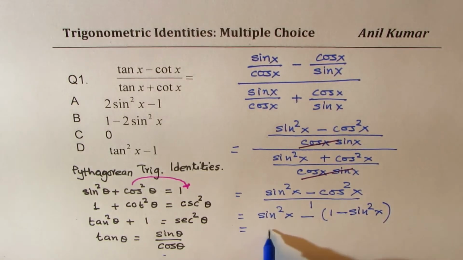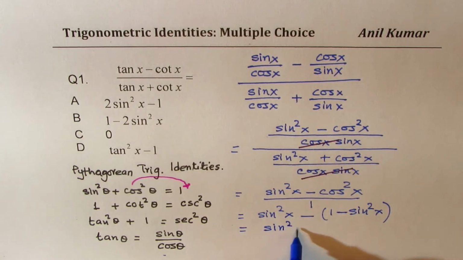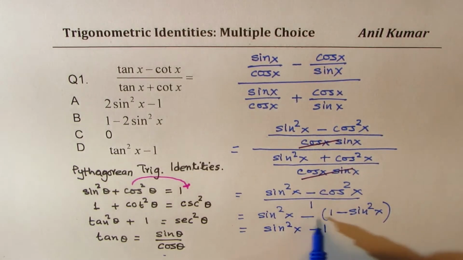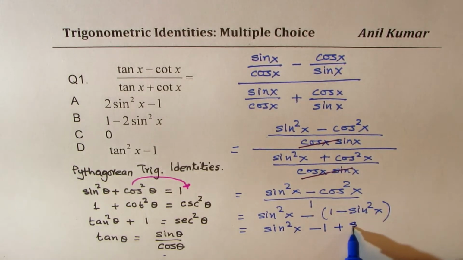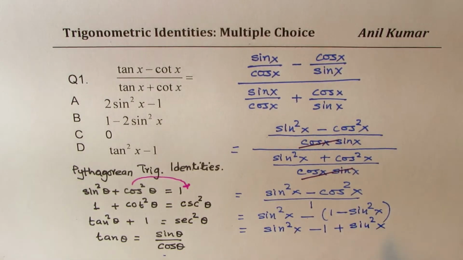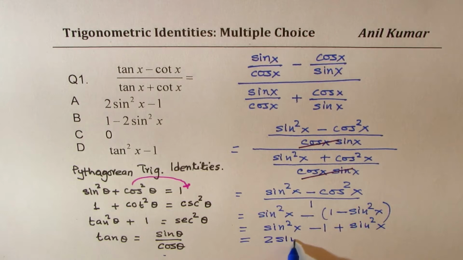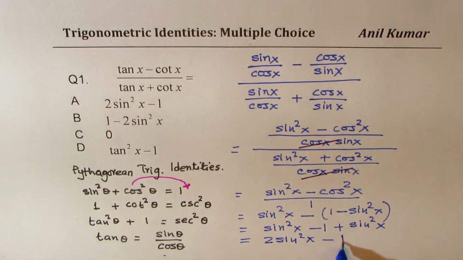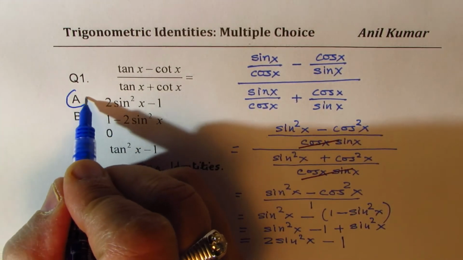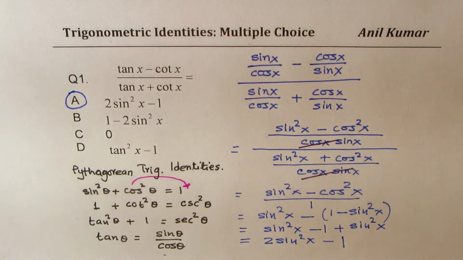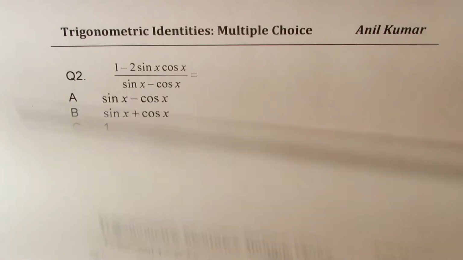Now that gives you sine square x minus 1, and when you open the bracket, this becomes plus sine square x. And so you get your result 2 sine square x minus 1. So the option A is the correct option. Is that clear to you, right? So that is how you're going to solve. Perfect. Let's move on and take up question number 2.